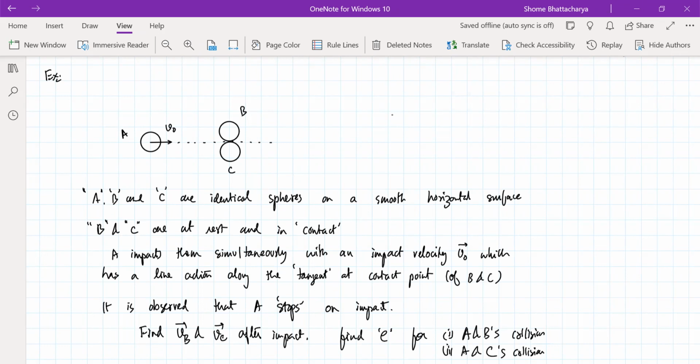A and B's line of impact will be at some angle theta above this line, and this one will be below that line. Can you join the three centers? B and C are already in contact. What kind of triangle will you get when you join them? That tells you the angles.